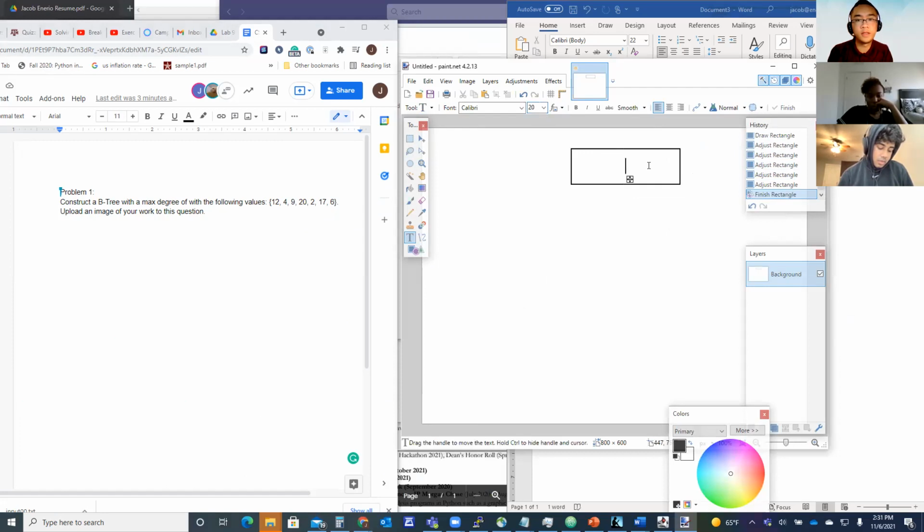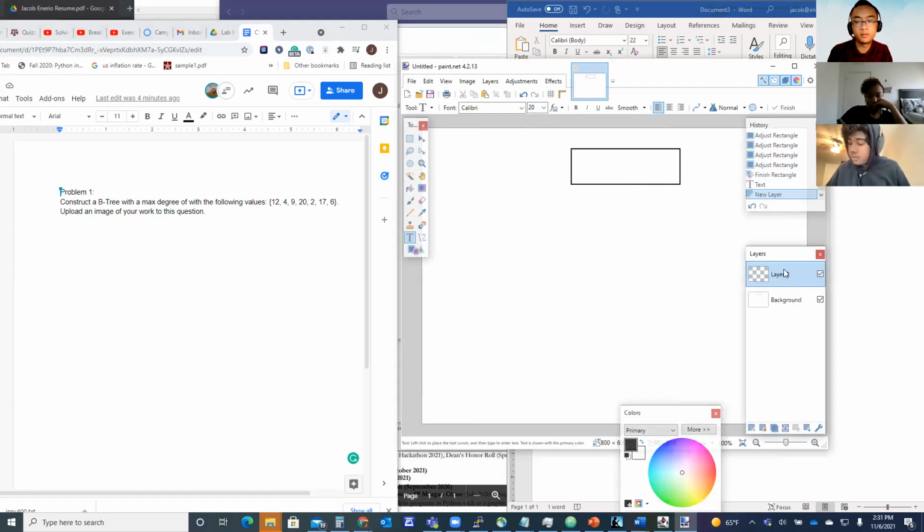And then we're gonna have something like 12. Or well, yeah, I guess we have another layer for numbers. Yeah, layer 2 will be for the numbers. And then, yeah, so first node is 12. And then we're going to go to the next node.